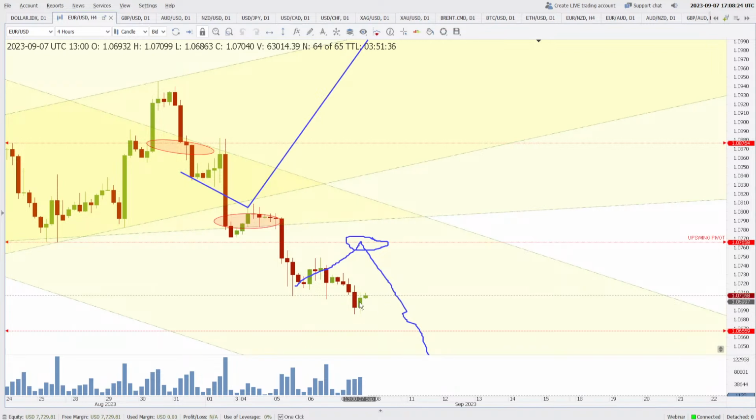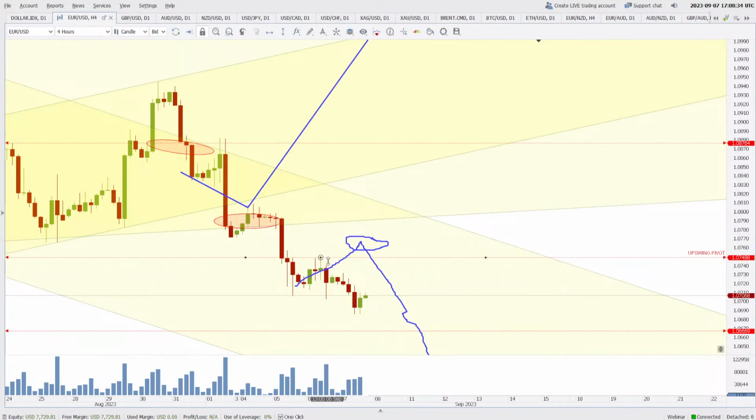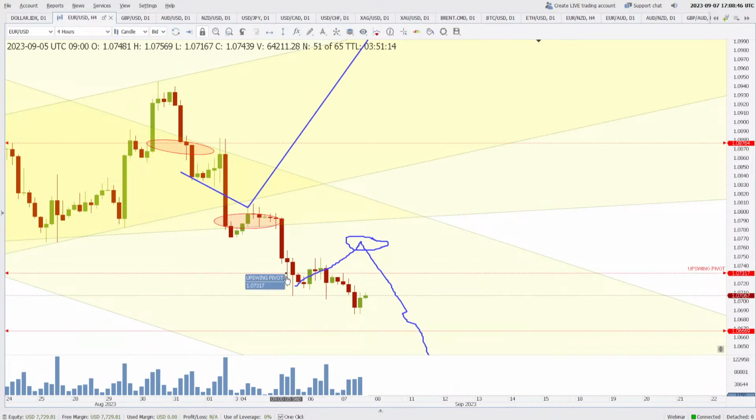The volumes are high in the green candle, but yes, 1.0669 is the ultimate support, and if the price starts rising from here, then I think I will be looking at a break of 1.0748 to confirm it.